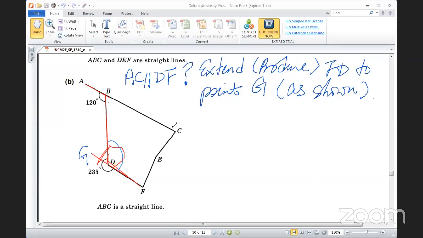As shown means you draw the line, and then the point G here. And then you can ask people to look at my diagram. I have drawn the line already. Then you can write: extend FD to point G, as shown. It means I have shown you already. Now in this case, you can find this one.